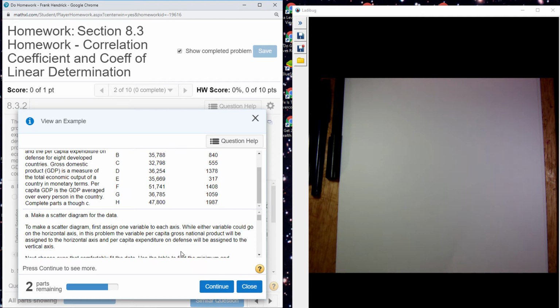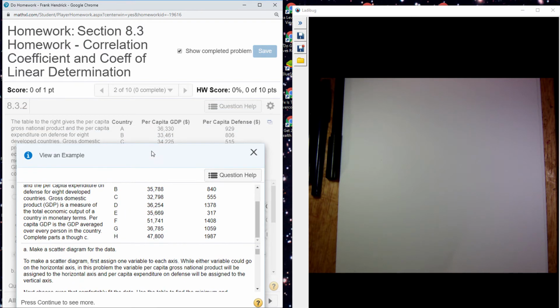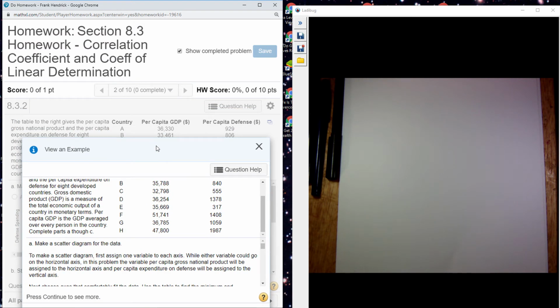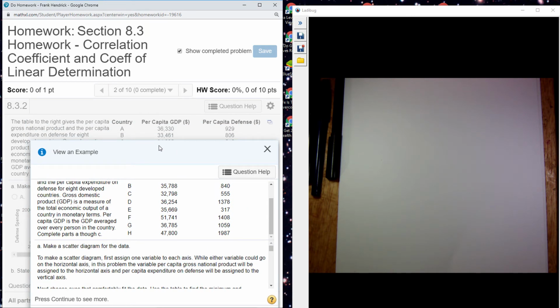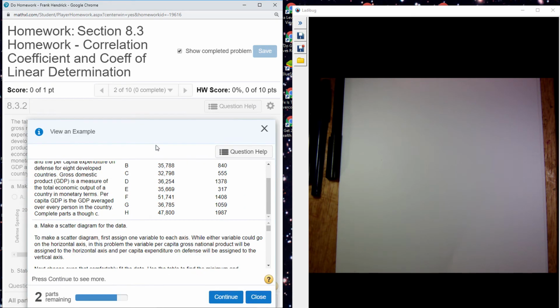So per capita GDP and per capita defense. So if we did X and Y, there's the dollars they earn, they bring in, and then how much they spend on defense.